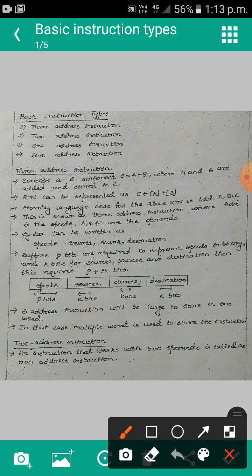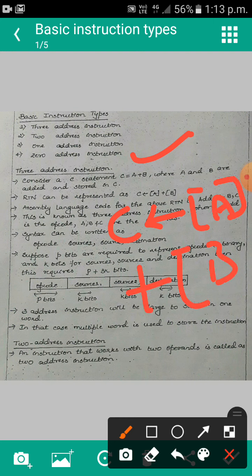So first see the 3 address instruction. Consider a statement, that is a high level language statement: C is equal to A plus B, where A and B are added and the result is stored in C. In RTN, register transfer notation, it can be represented as C arrow, and the content is specified within a square brace.